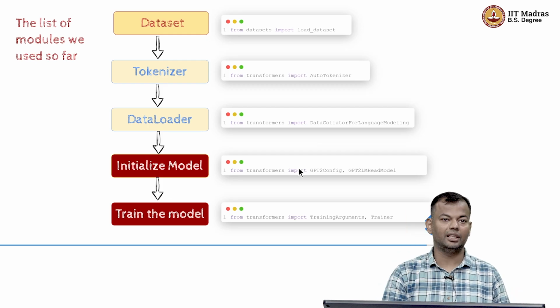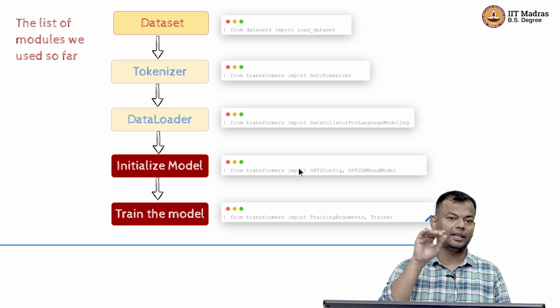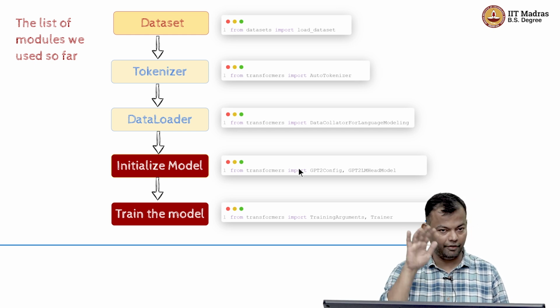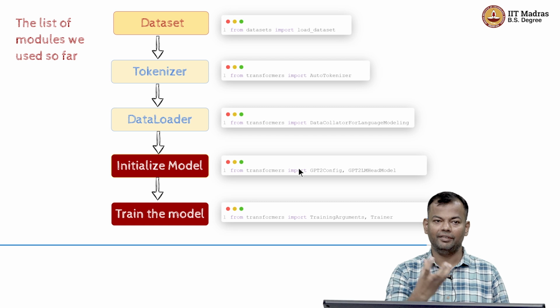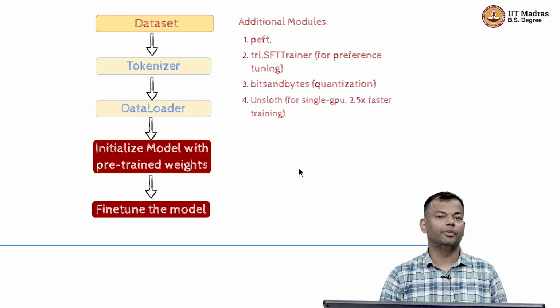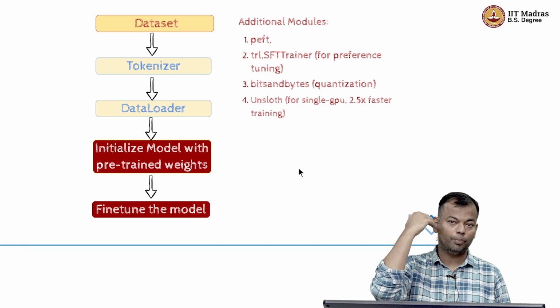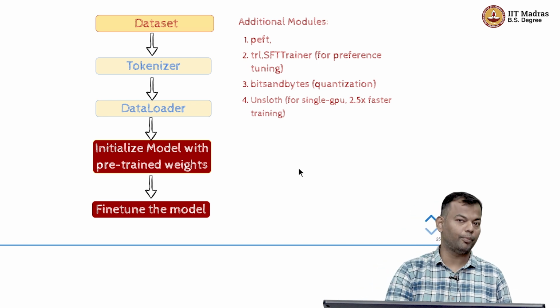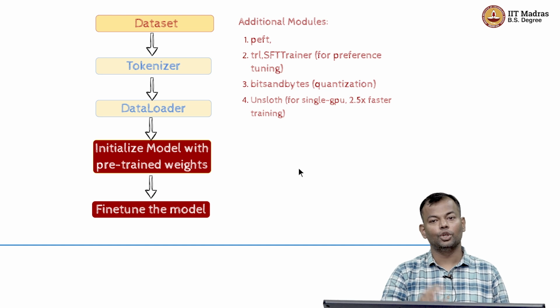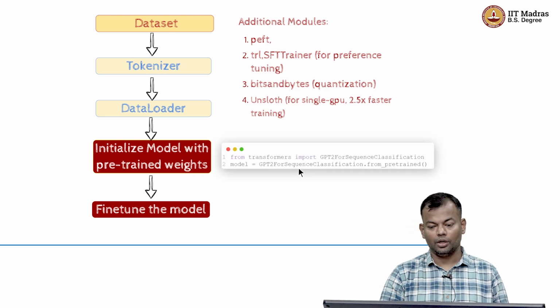So far we have seen datasets, tokenizers, the data loader, model initialization, and model training. All of this we have seen so far, and we have a base GPT-2 model. Now on top of that, we want to do the following. We might want to do parameter efficient fine tuning, because that's the popular fine tuning approach. You may want to do supervised fine tuning. You may want to do quantization.